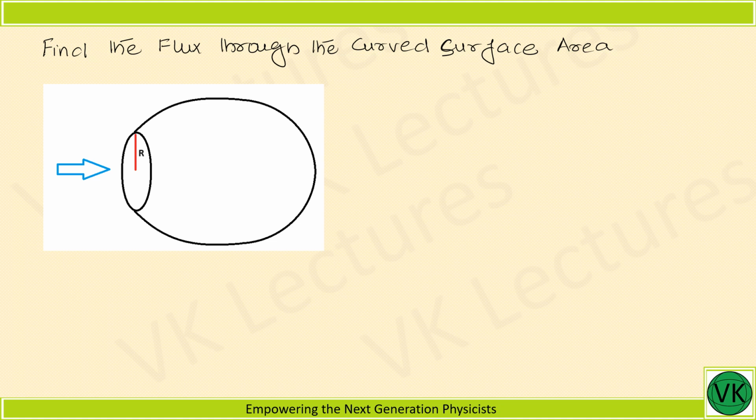Find the flux through the curved surface area. So here we have a pot. This is the surface area that we see, and over this you have this curved surface area.